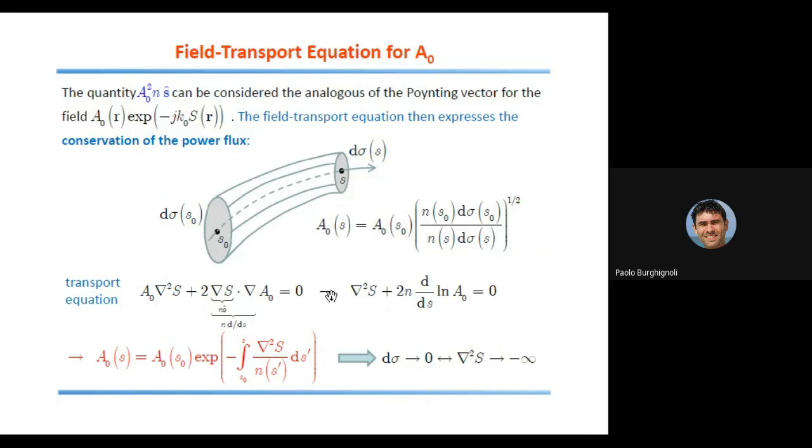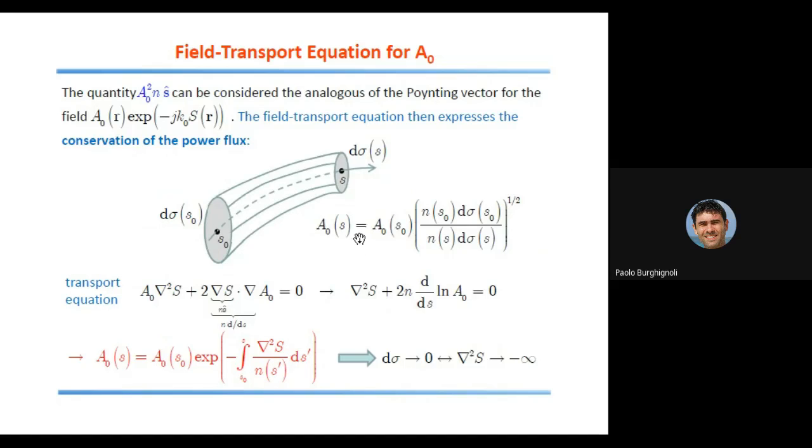Now this is a first order differential equation in a0, which can be solved immediately. Once you know the initial amplitude a0 in a reference position S0, you get the amplitude at any other position S by multiplying the initial amplitude times the exponential you can see here, whose exponent is the integral with a minus sign in front of it, from S0 to S of the ratio between the Laplacian of the Iconal and the refractive index.